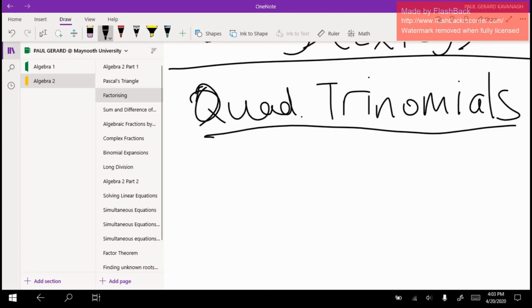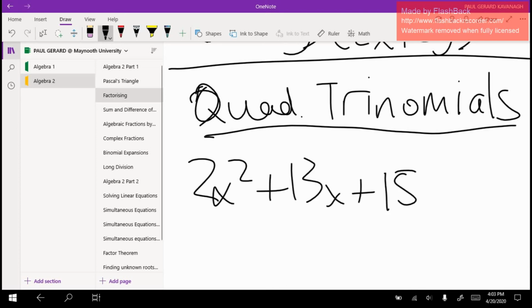One is going to be to the power of 1. The third number is going to be a constant because it's going to basically represent, let's just say, x squared plus 13x plus 15. What this 15 represents here is just x to the 0. As I already said, anything to the 0 is 1.